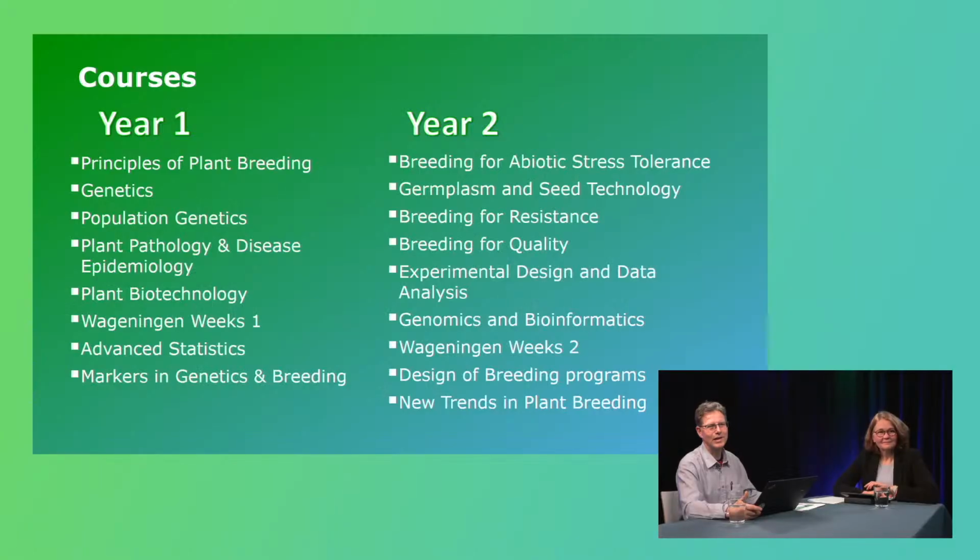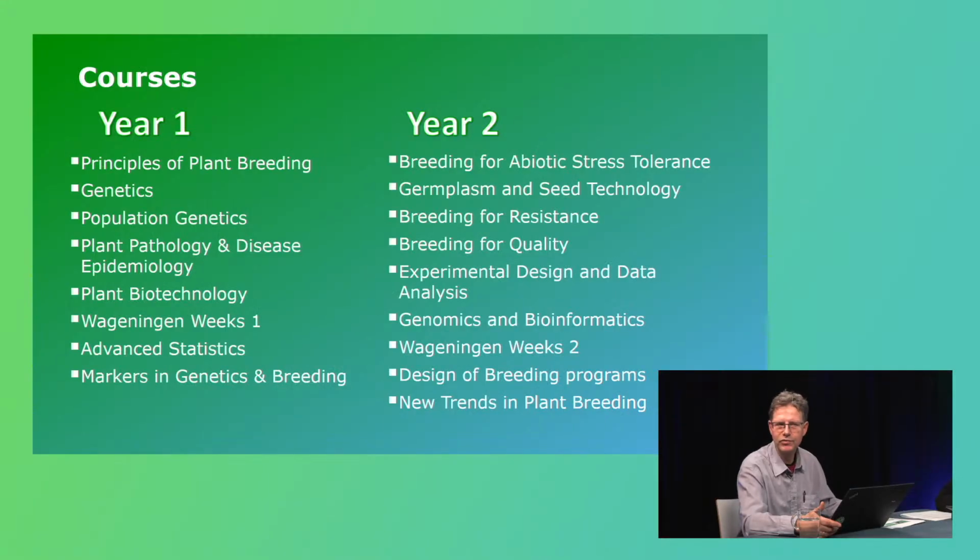Thank you. So let's browse a little bit through the courses that we offer during year 1 and year 2. The basic courses are principles of plant breeding, genetics, and advanced statistics. There are more advanced courses like breeding for abiotic stress tolerance, breeding for resistance, breeding for quality, and also some special courses like genomics and bioinformatics, experimental design and data analysis, things like that.